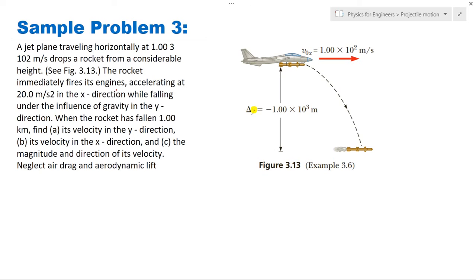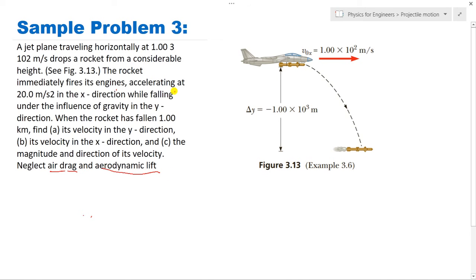Kasi kapag meron kang aerodynamic lift, therefore your rocket pala is unstable yung movement niya, meron siyang resultant na velocity on the y direction. So therefore hindi siya mag-go downward but will go upward. So i-neglect mo yung air drag, neglect mo yung aerodynamic lift.